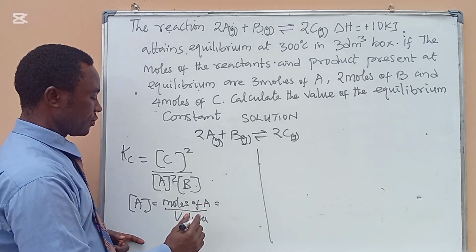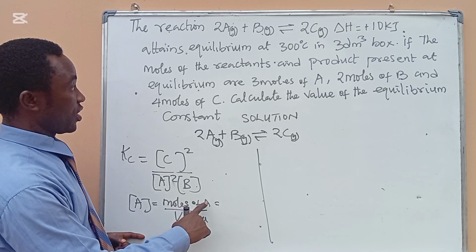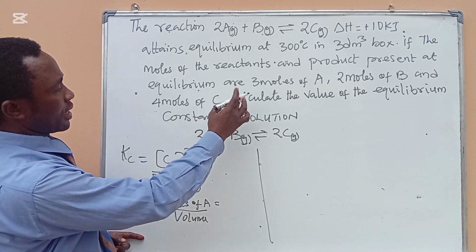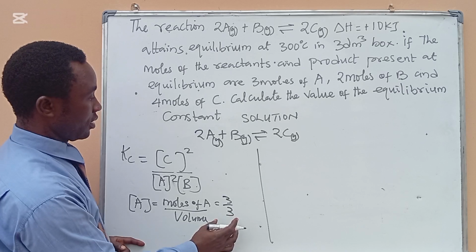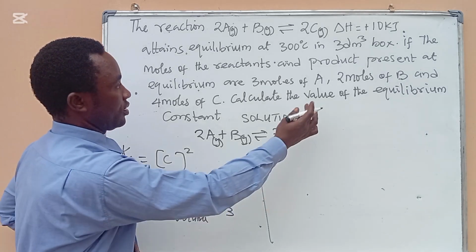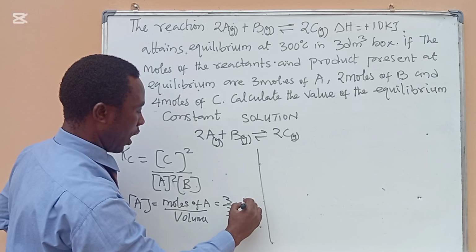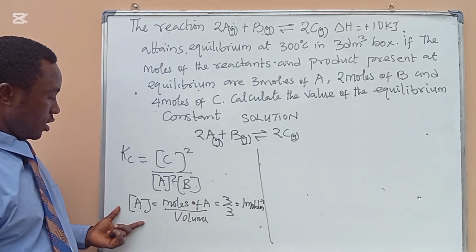The moles of A given to us in the question is 3 moles, which is 3 divided by 3, the volume being 3 dm cube. So what we have is 1 mole per dm cube for A.